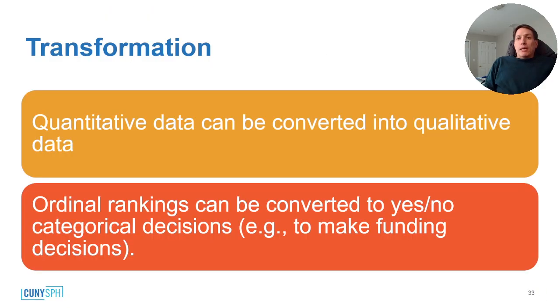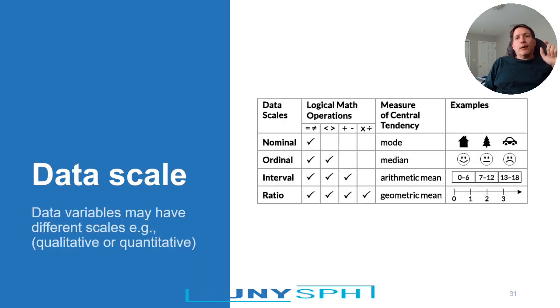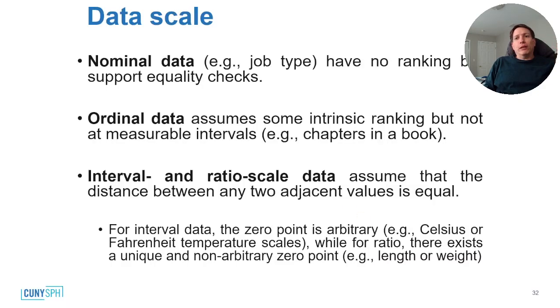When we think about the scales, those nominal data, the job type, the name of the country, they have no ranking, but they can support those operations that we were saying, are we equal or are we different? When we have ordinal data, there are some ranking, but not a measured interval, like chapter of books or the months.